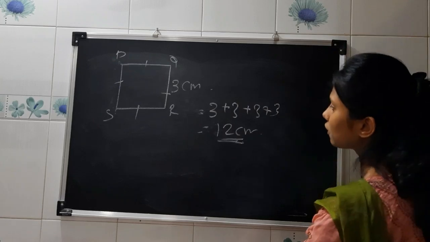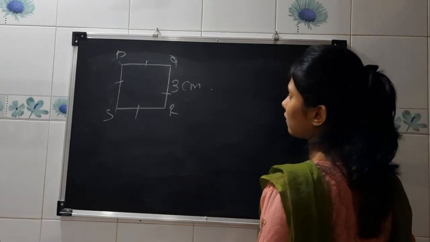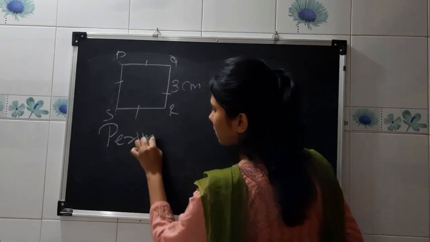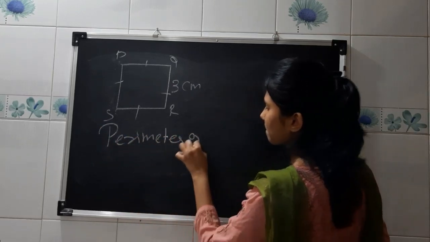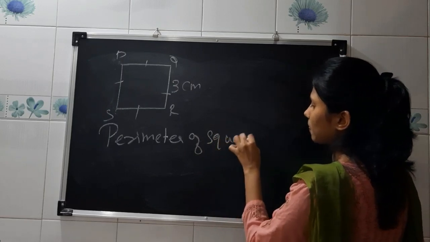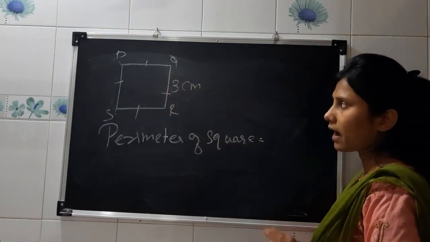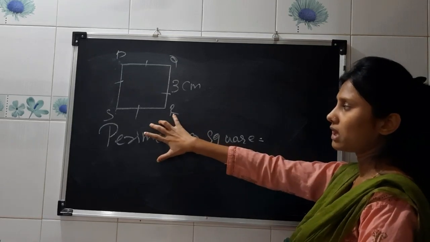But instead of doing that, there is one formula for finding the perimeter of a square. A square has 4 sides, and all the 4 sides are of equal length.